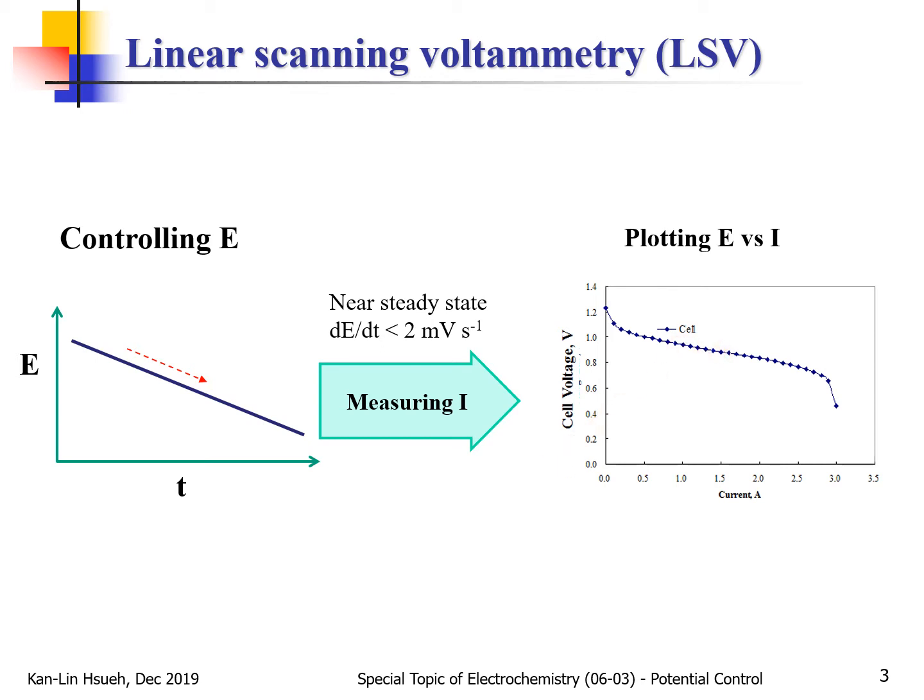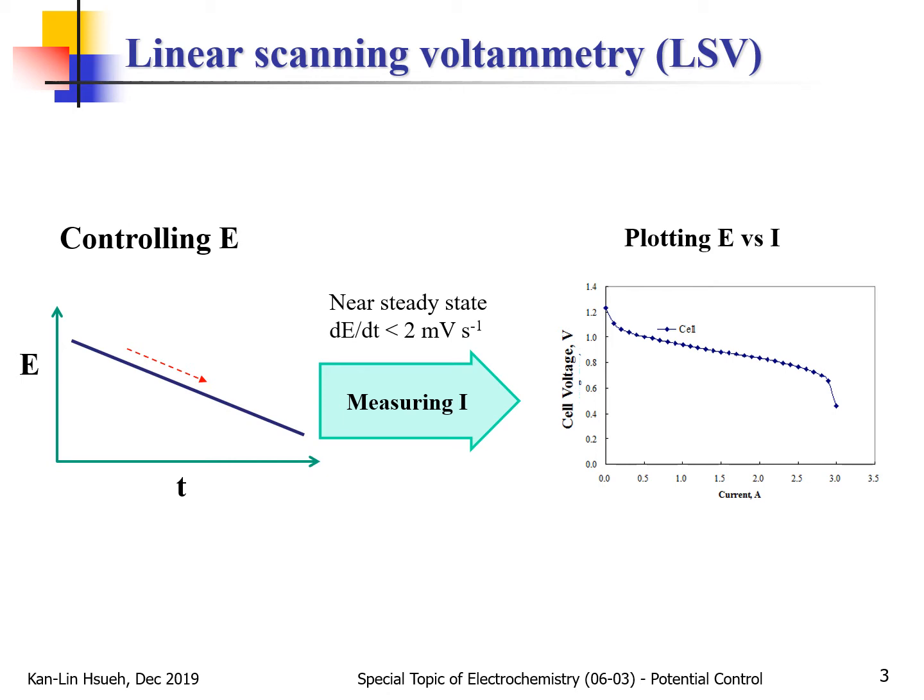But in an actual experiment, usually we don't wait for so long. Usually we continuously move the electrical potential, gradually from one potential to the other, record the current, and then plot the potential against the current.